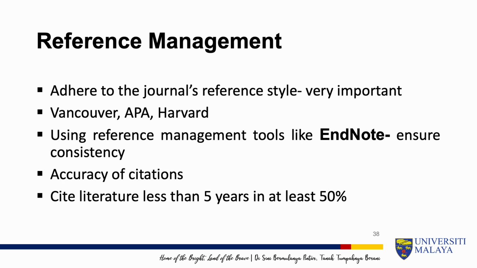The journals that you are referring to mustn't be too old. Most journals prefer newer references. So keep in mind at least 50% of your articles that you are referencing must be new ones.